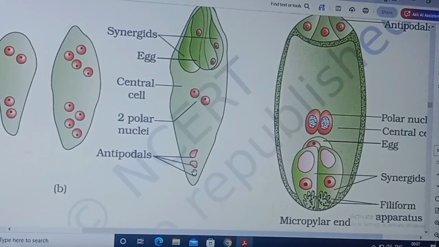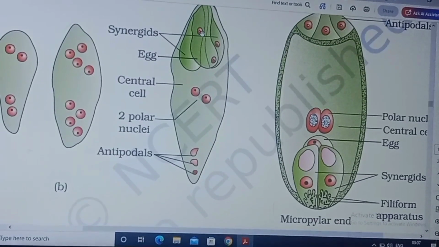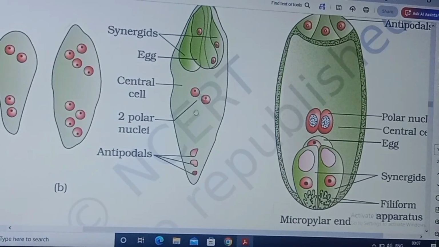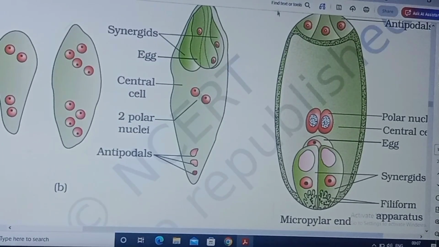When they are at the eight nucleate stage, cell walls are laid down around six of them to form six cells: the three antipodal cells, and the synergid cells. There are six cells: two synergid cells, one egg cell, and three antipodal cells. These are the nuclei.